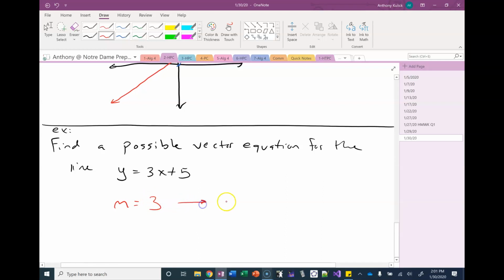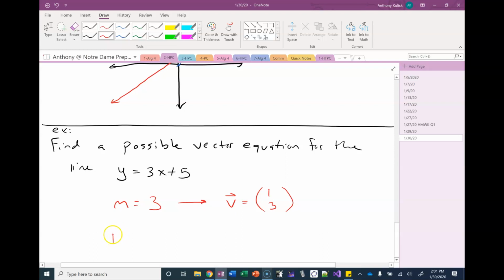So using that, we can create the slope vector, what? 1 and 3. Everybody's okay there? Okay.